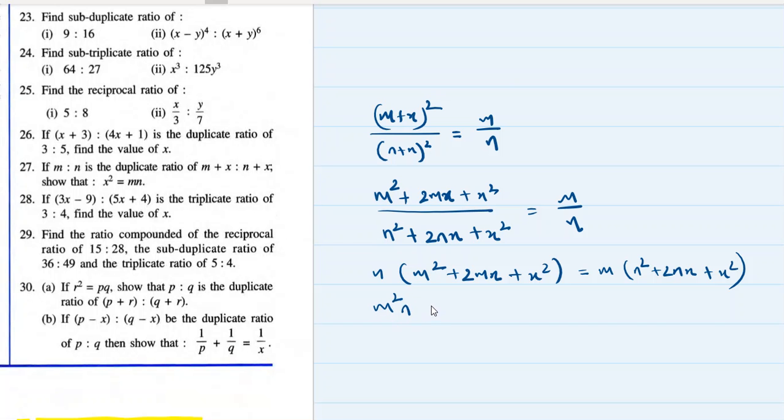M square n plus 2mnx plus nx square is equal to mn square plus 2mnx plus mx square.